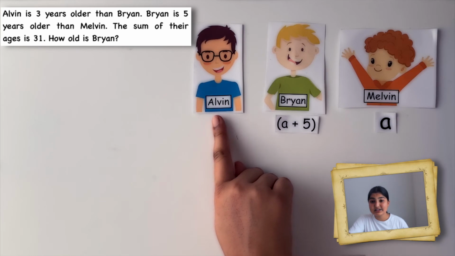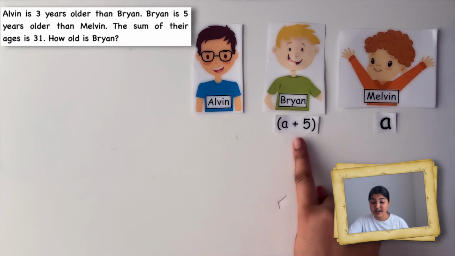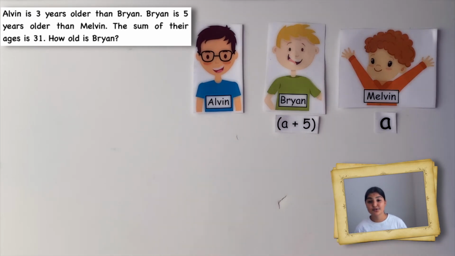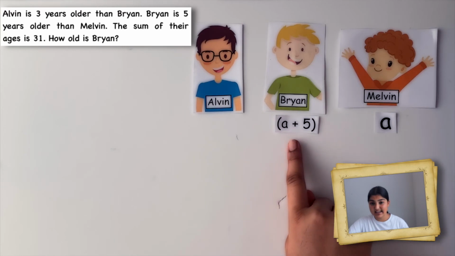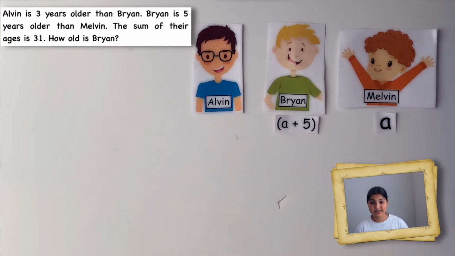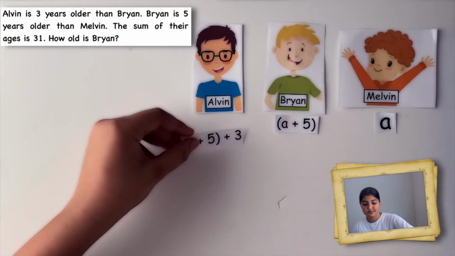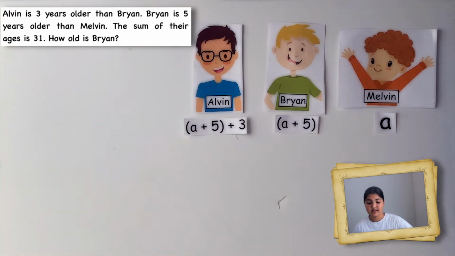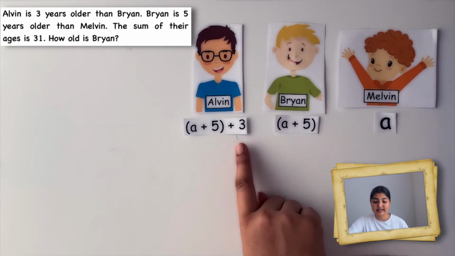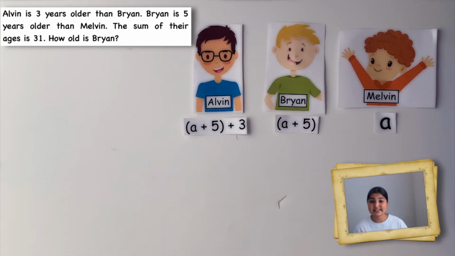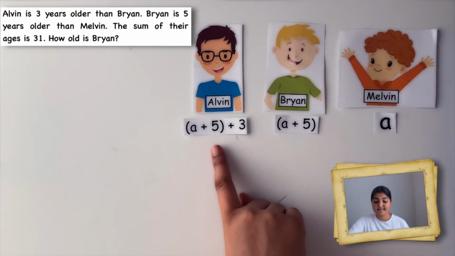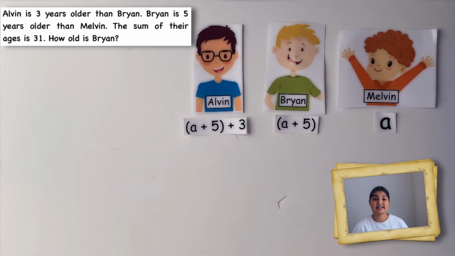He is 3 years older than Bryan. So, we can add 3 years to Bryan's age, which gives us A plus 5 plus 3, which we can simplify down. 5 plus 3 is 8. So, Alvin is A plus 8 years old.